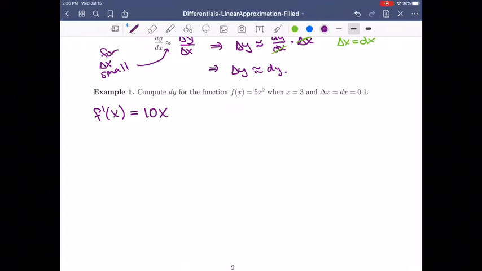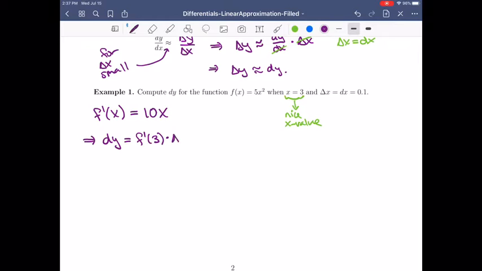So that means that dy, maybe I should just make a note. This x equals 3, this is our nice x value. This is the x value we want to plug in. So it's f prime at my nice value, which is 3, times delta x, or dx.